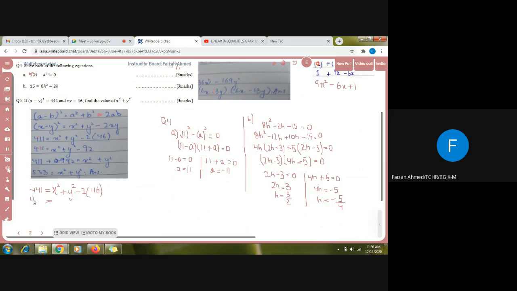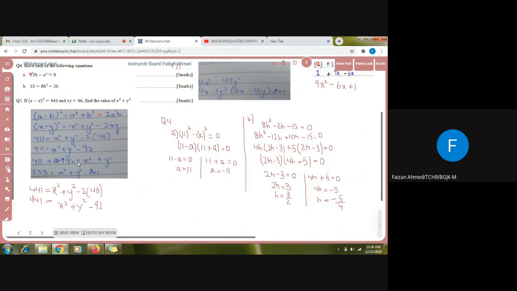This is 441, and this is x square plus y square. Since I don't have the value of x square and y square, I will just write them again. And I will multiply 2 and 46. That will give me 92. I will shift this 92 to the other side since I have to find the value of x square plus y square.